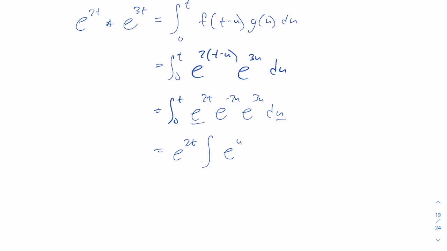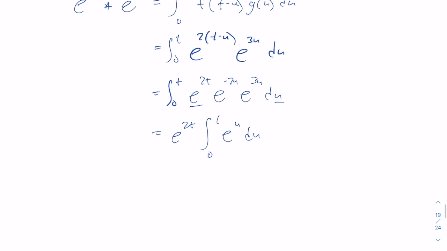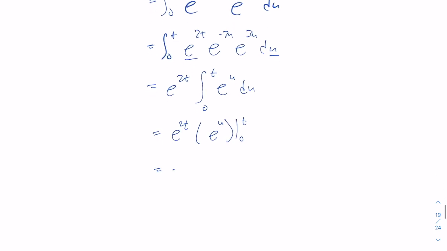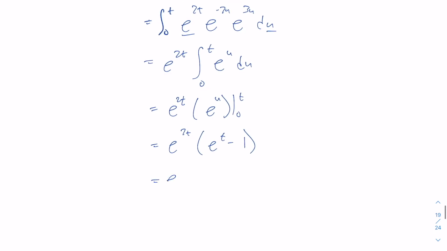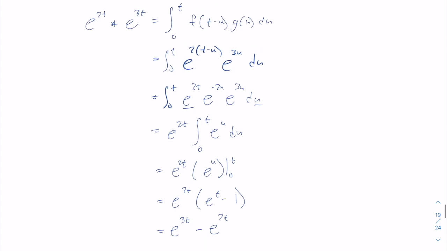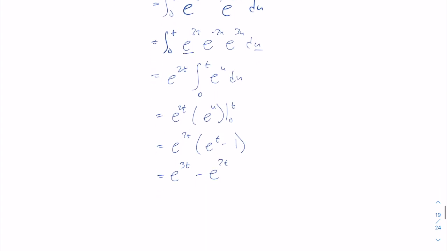And then I'm left with e to the u in here, which is my favorite. And so I get e to the 2t times e to the u from 0 to t. Keep going, e to the 2t times e to the t minus e to the 0, which is 1, and so I get e to the 3t minus e to the 2t. And there we go. So that is the convolution of e to the 2t and e to the 3t.